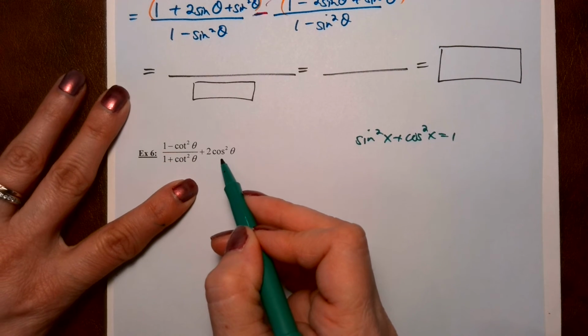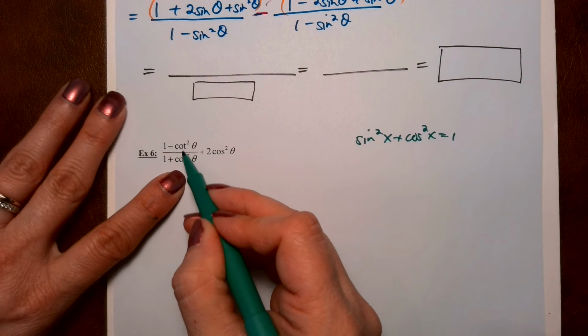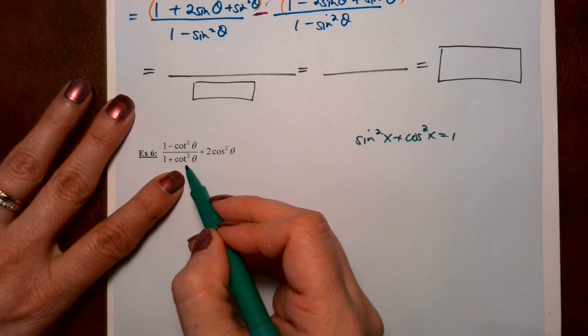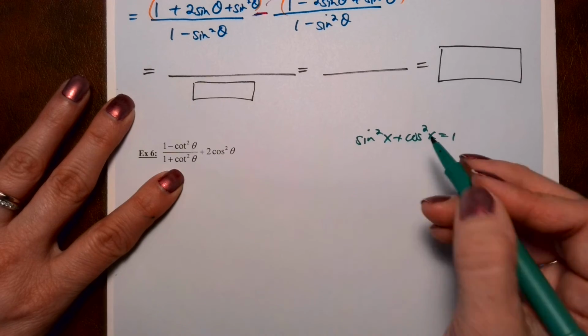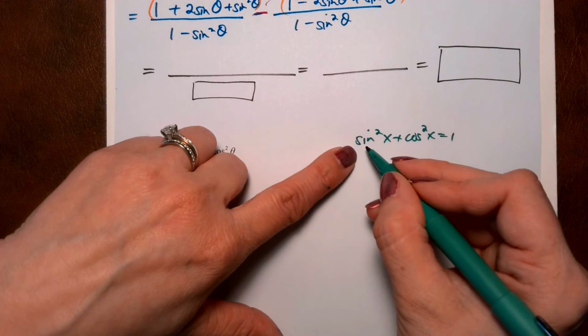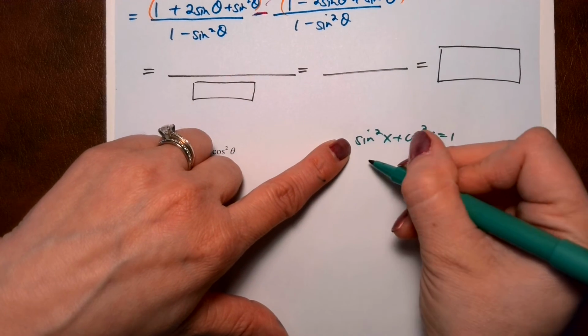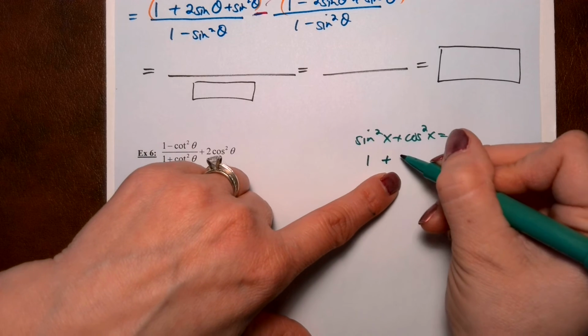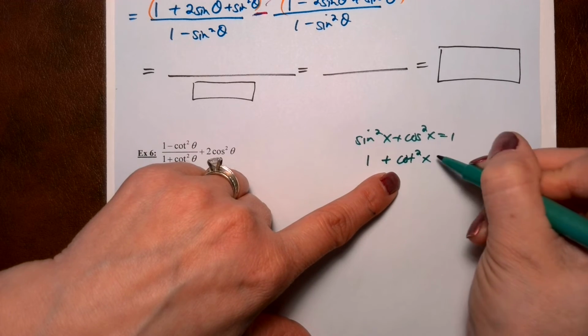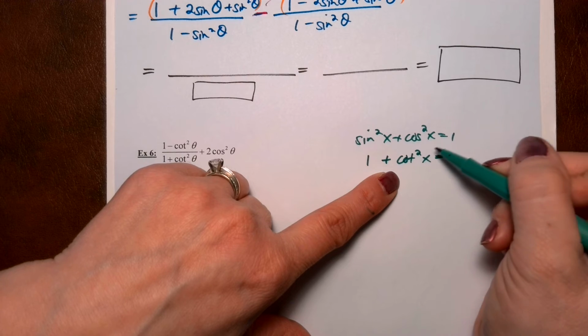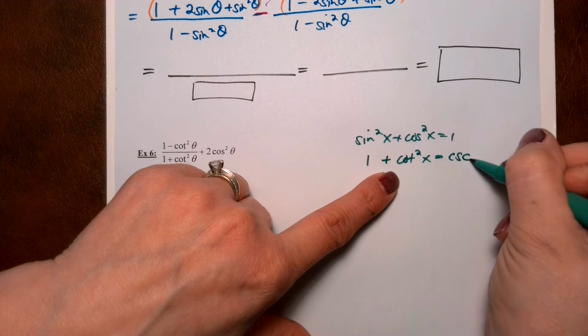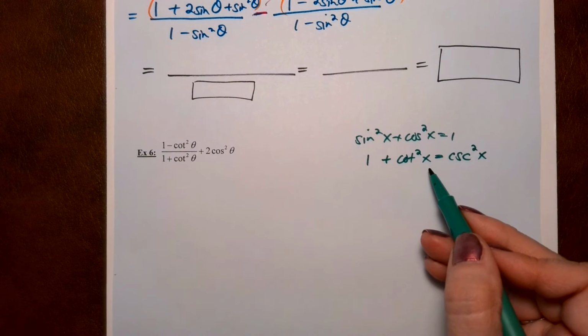Now I don't know if that's going to help here. How about the one with cotangent? Cotangent is cosine over sine. Let's divide these all by sine squared. That would be 1. That would be cotangent squared x. Divide by sine squared would be cosecant squared of x. And let's see if that helps us a little bit.